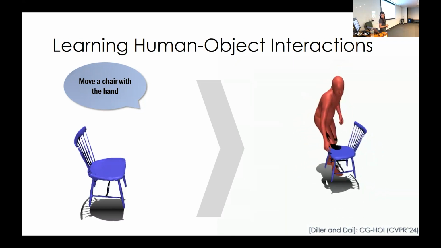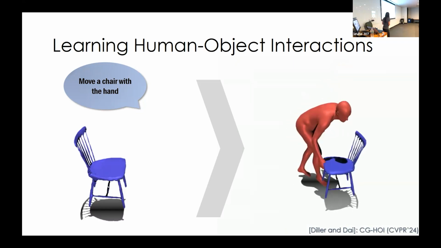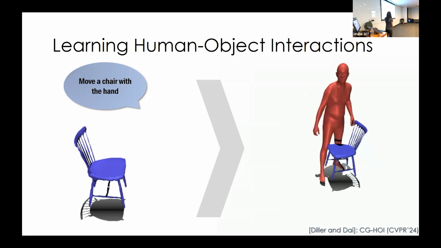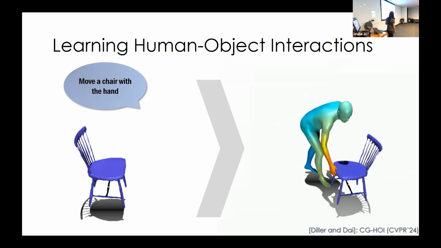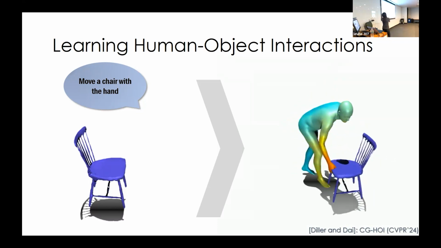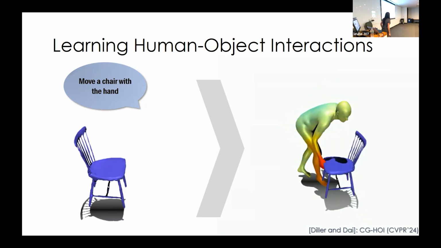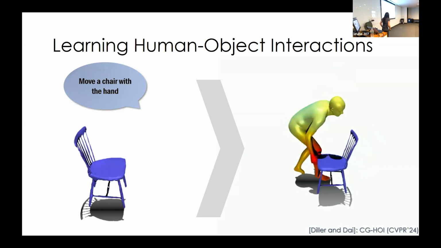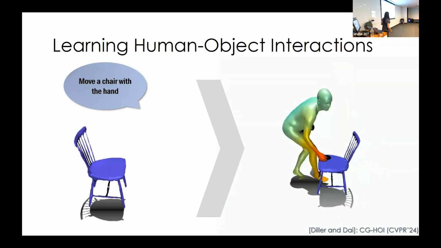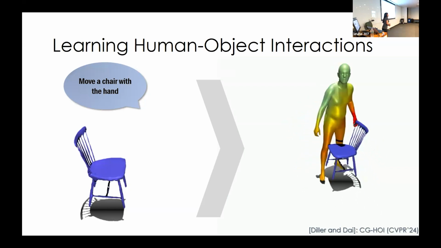So the thing here, of course, is that from a very naive perspective, one of the most critical aspects of this interaction is just the contact. So if you visualize the contact as a heat map over the person, where red is closer, blue is further away, then you see that this actually fairly well describes this kind of simple interaction. It's mostly characterized by the part of the body that's closest to the particular object, and that's driving the interaction.